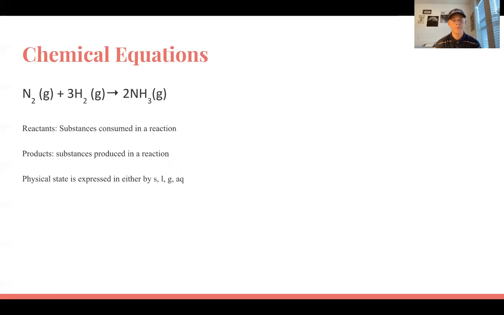All right, so you probably know by now, but all of those are chemical equations. The important thing to understand about chemical equations is that they have reactants and then products, and the reactants and products are all described in their physical state by either an S, L, G, or AQ, and those stand for solid, liquid, gas, and aqueous.